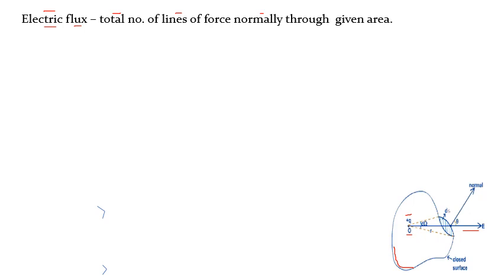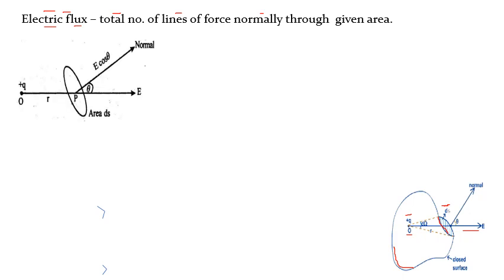Now out of this body, we will consider a small area element ds, and through this small area element, how many electric lines of force are passing, or what is this electric flux? We have to find this. For this purpose, same area element ds is considered here. This area element I have drawn here. Clear? So this is the direction of electric intensity.